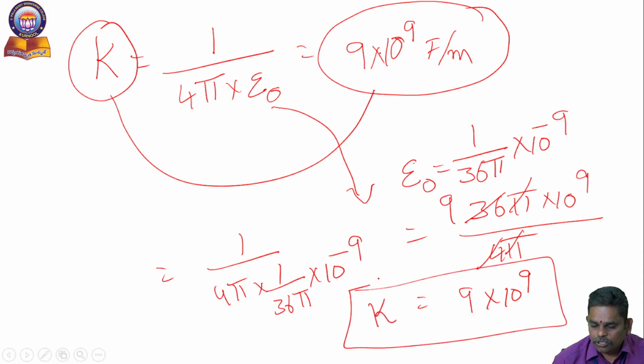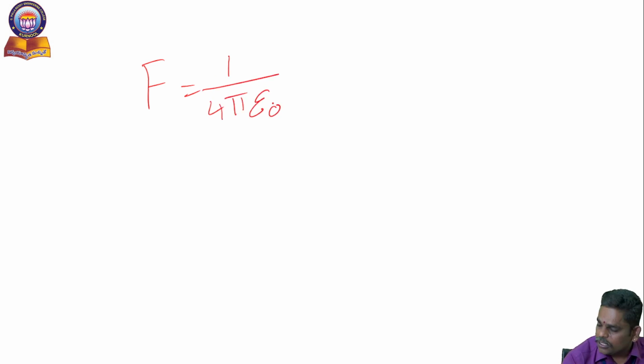Now if we go with a complete solution, F is equal to 1 by 4 pi epsilon naught q1 q2 by r square.